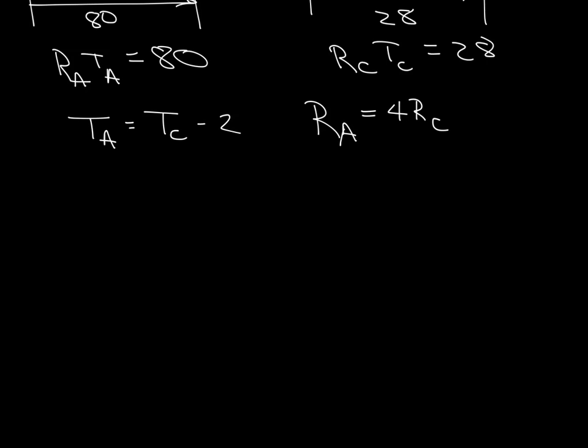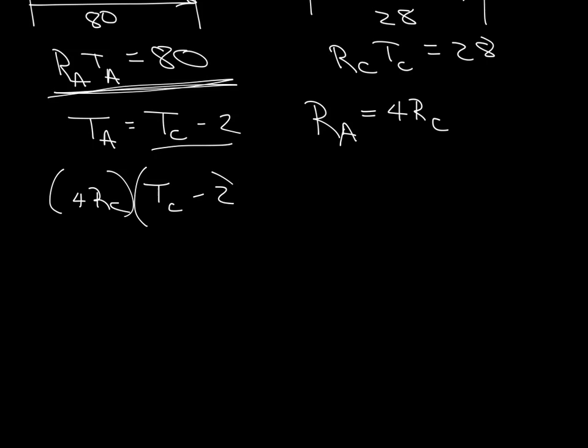So let's move these guys up, and we're just concerned with our equations there. And we will use as our base equation pretty much any ones you want, but let's use these 2 and see what we've got. RA, we're going to substitute 4RC for that from this equation. And TA, we're going to substitute that for it. Now notice, I substituted. Now I have an RC and a TC.